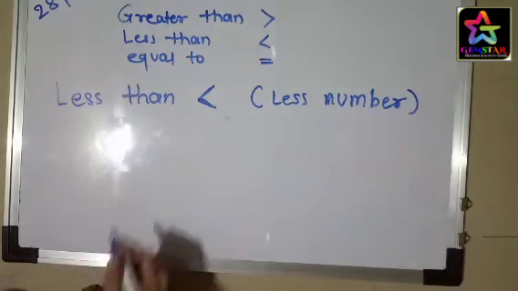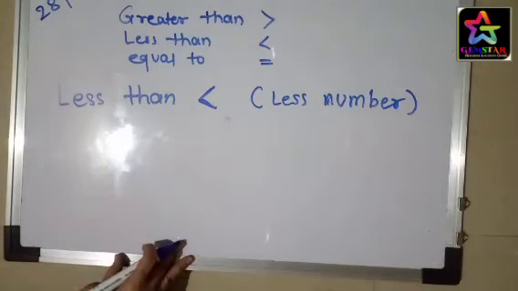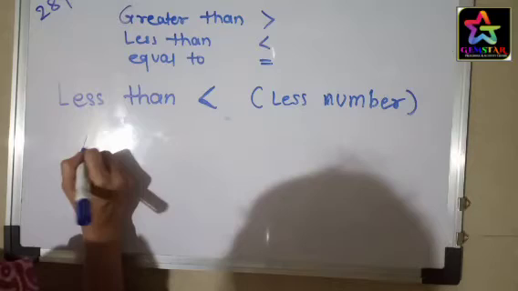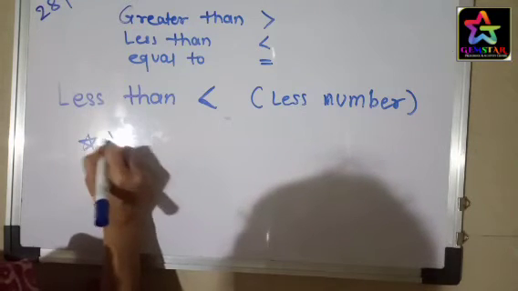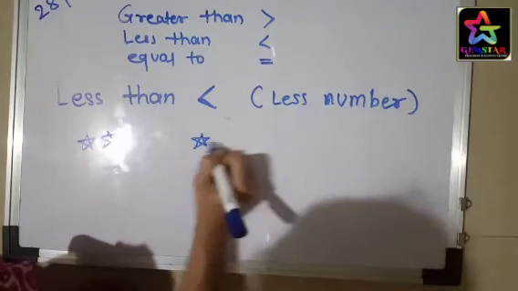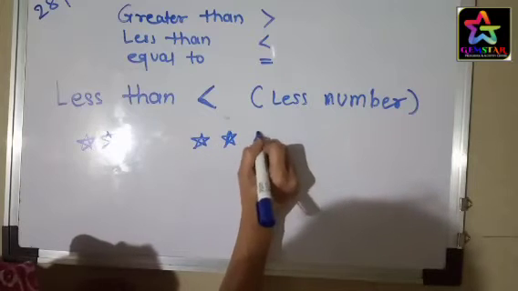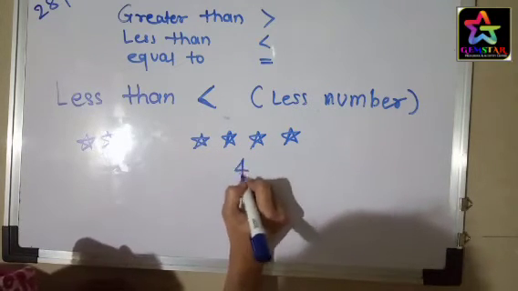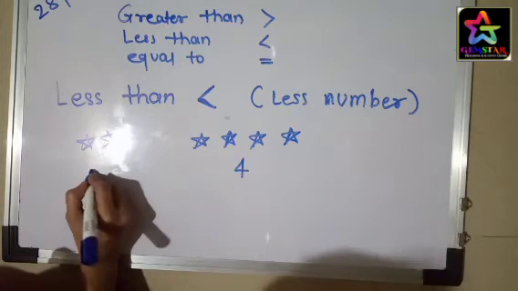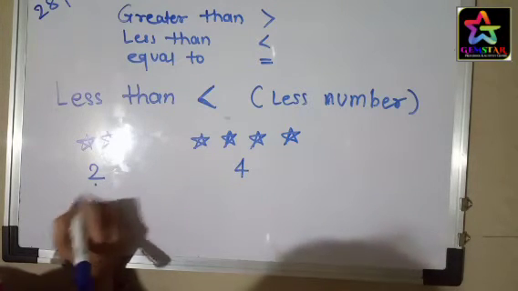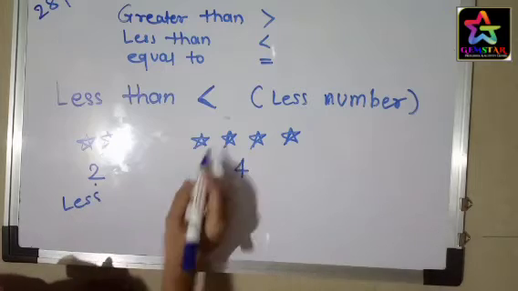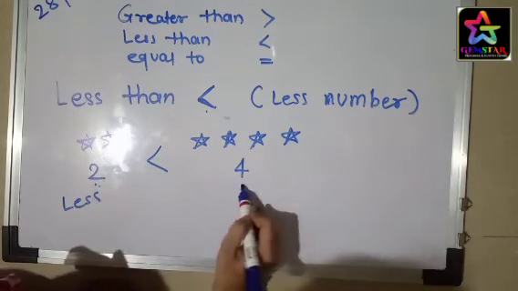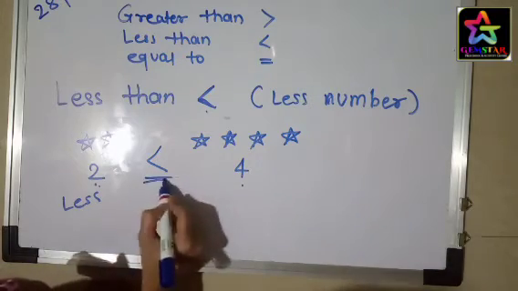For example, we will take the example of stars. 1, 2. And here are 1, 2, 3, 4. How many stars are over here? 4. And how many are here? 2. So 2 is less. So we put this sign as 2 is less than 4.